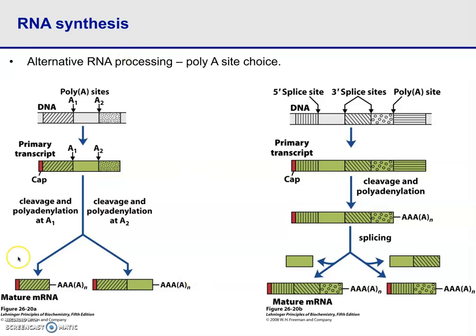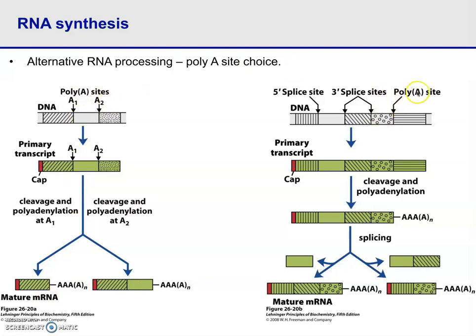On this diagram is shown that we have two polyadenylation sites. Based on which polyadenylation site will be detected and used in a given cell, we can have two different products coming from the same gene. On this side, we have it a little bit more complicated.